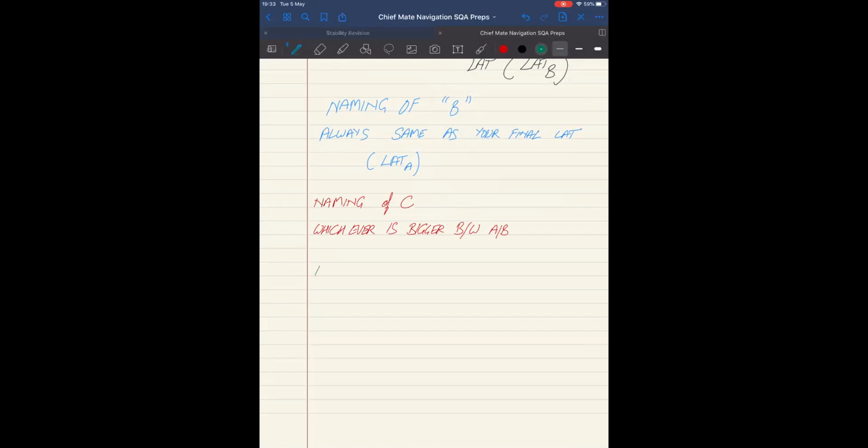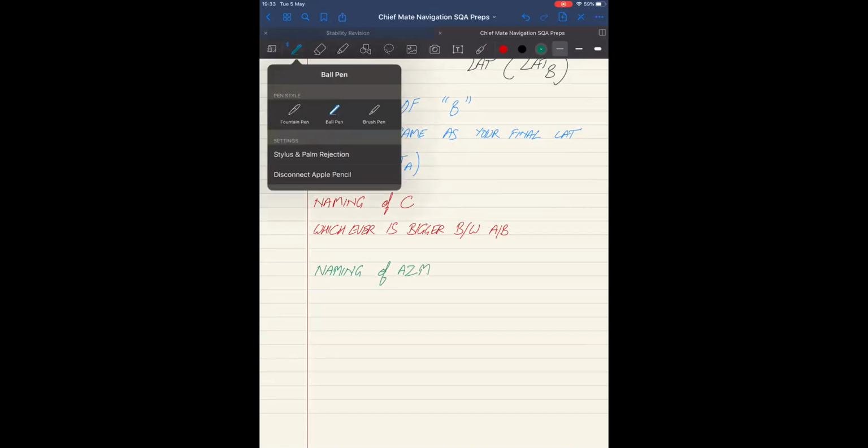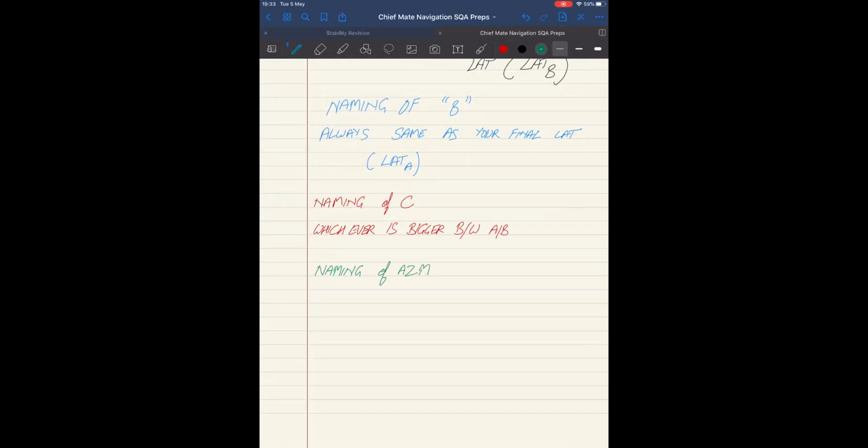Now it is naming of azimuth. So for naming of azimuth, you will have some value here, and you have to name again north or south over here and east or west over here.